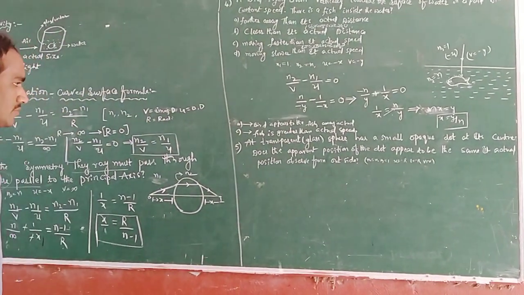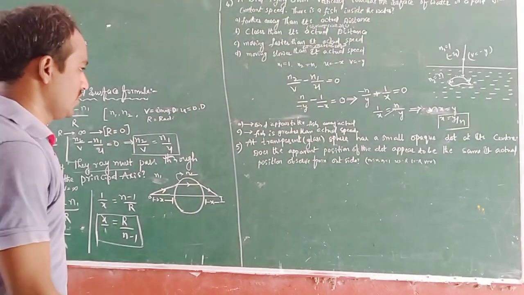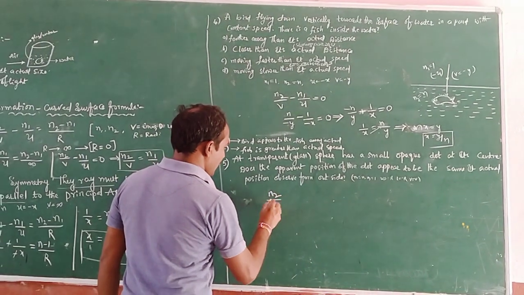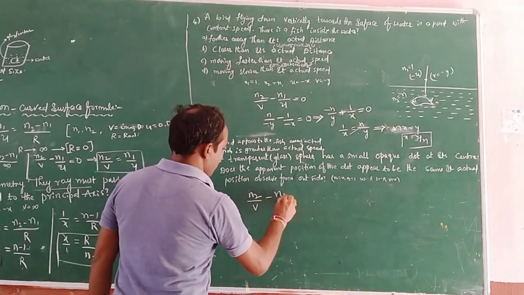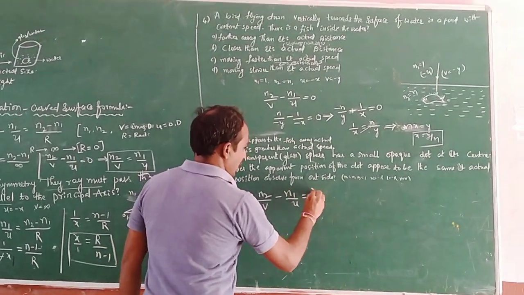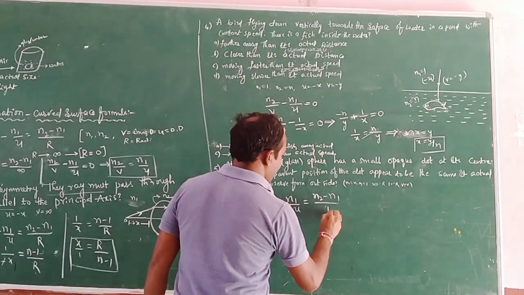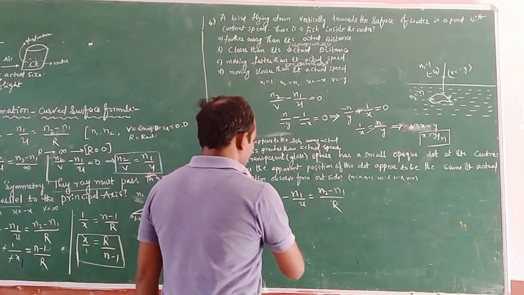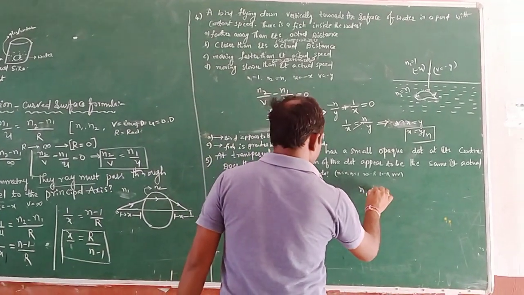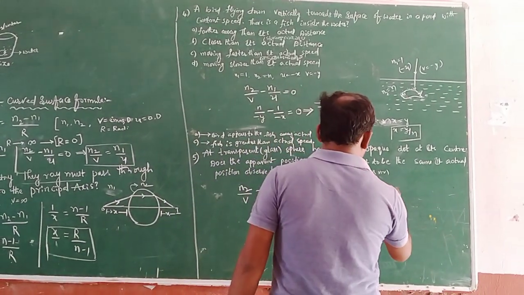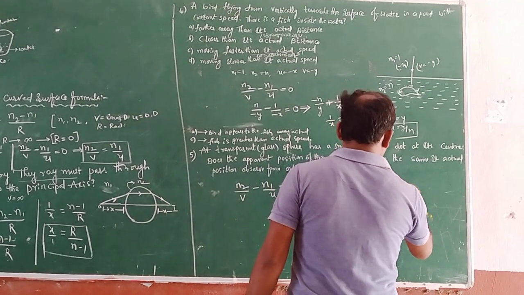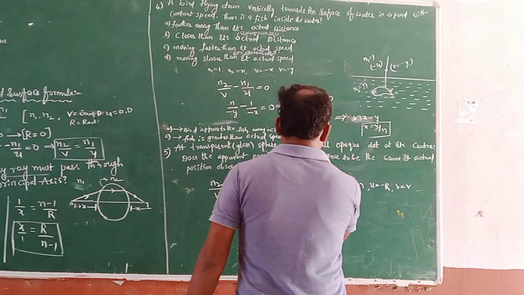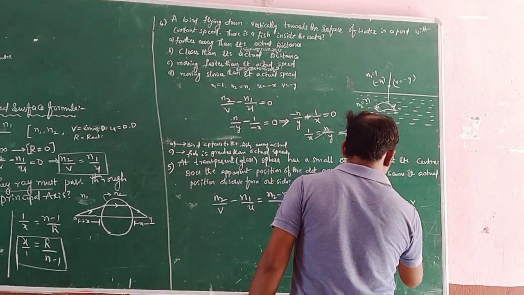And another one. So here we know the image formation formula n2 by v minus n1 by u is equal to n2 minus n1 by r. Then n1 is equal to 1, n2 is equal to n, u is equal to minus r, v is equal to v, r is equal to minus r.